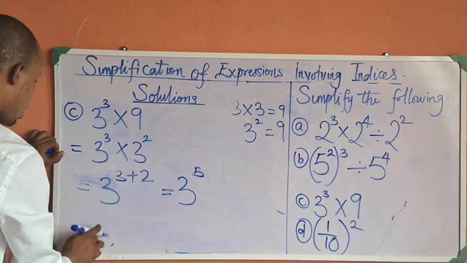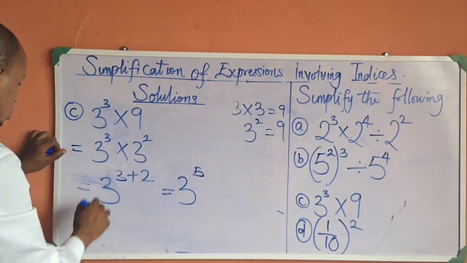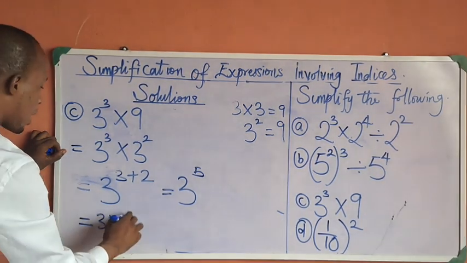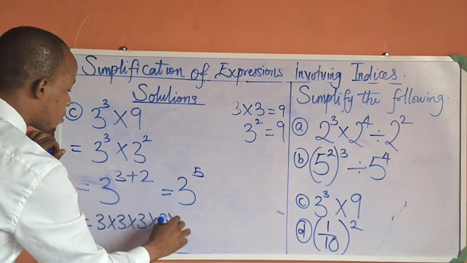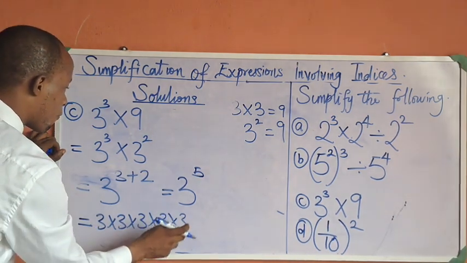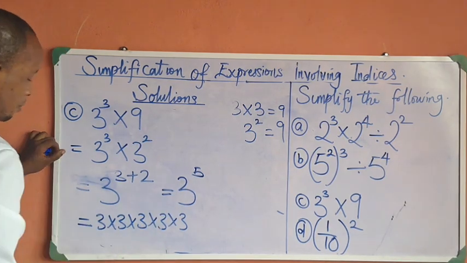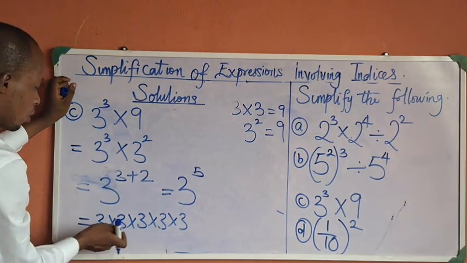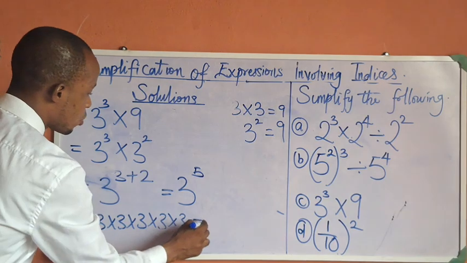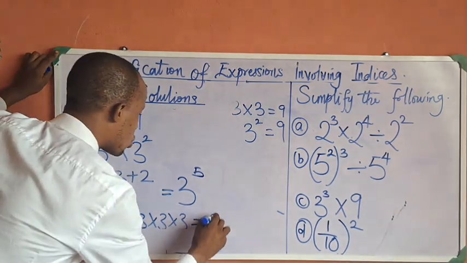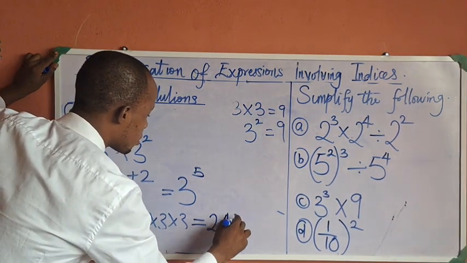And 3 raised to power 5 would be 3 times 3 times 3 times 3 times 3: 1, 2, 3, 4, 5. 3 multiplied by itself 5 times. So by the time you multiply all these together, the answer you are going to get is 243.